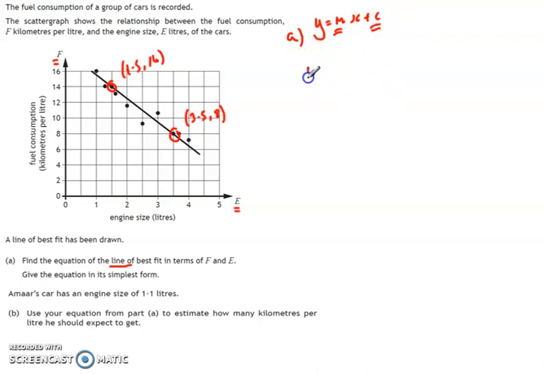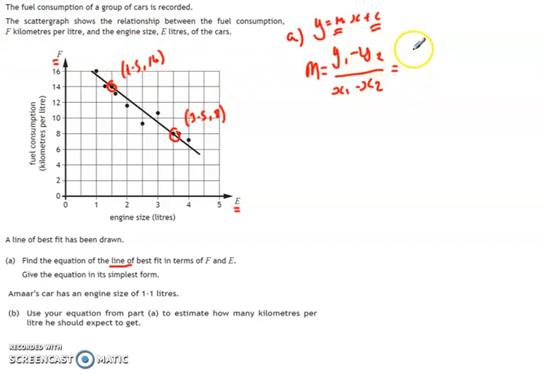Well, using the 2 points, calculating the gradient is fairly straightforward. We use our standard formula, m equals y1 minus y2 over x1 minus x2. Sometimes you see it written the other way, so y2 minus y1 over x2 minus x1. Again, both versions are valid. So you pick your 2 points, you assign them the bits here, and then you have a crack at it from there. So x1, y1, I'm going to make the 3.5 and 8. x2, y2, I'm going to make the 1.5 and the 14.